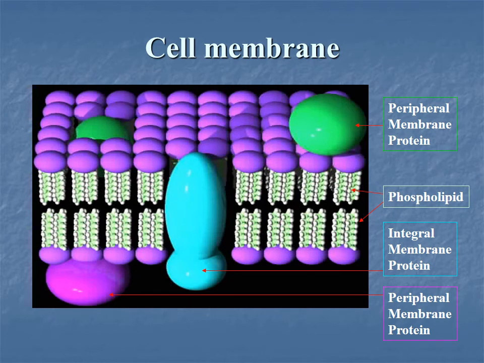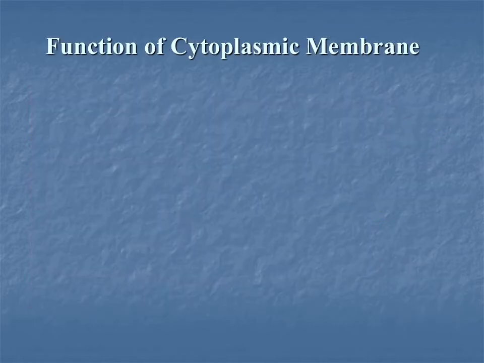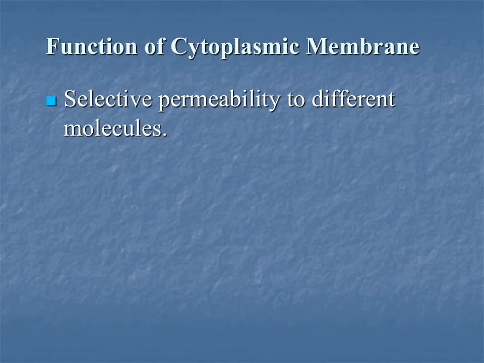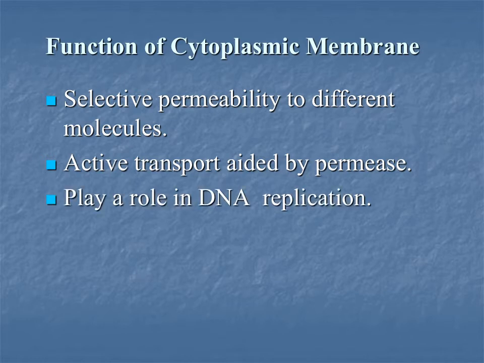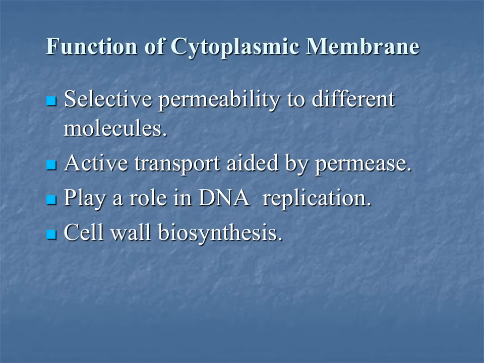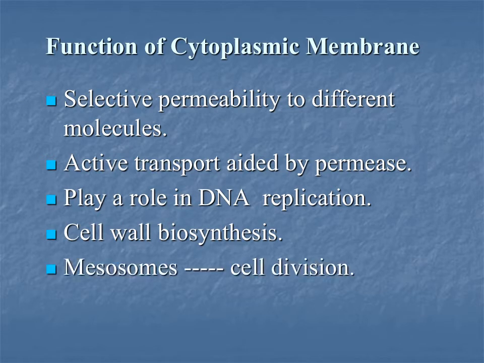On this slide you can see the scheme of the cell membrane. Function of the cytoplasmic membrane: selective permeability to different molecules, active transport aided by permease, a role in DNA replication, cell wall biosynthesis, and mesosomes for cell division.